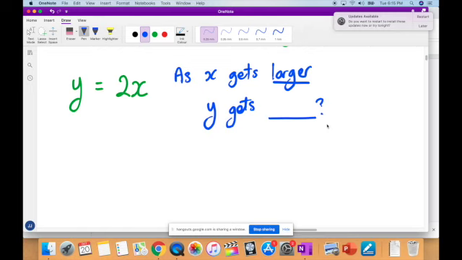More? Think about it. Maybe plug some numbers in there. Larger. I don't think it's larger.